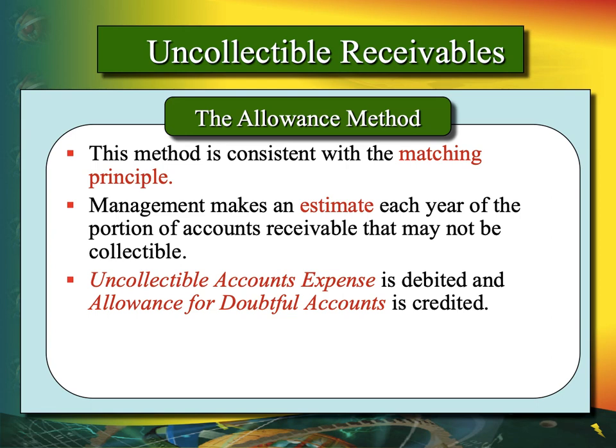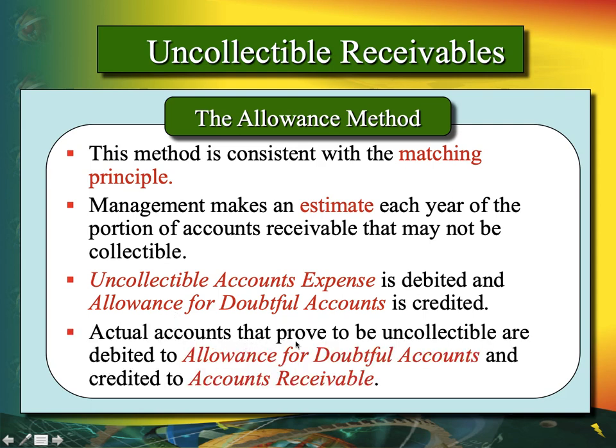The estimation is created based on prediction. Normally, they will make the calculation based on past experience. Once they get the number, they will make the journal entry: uncollectible accounts expense is on debit and credit is allowance for doubtful accounts.